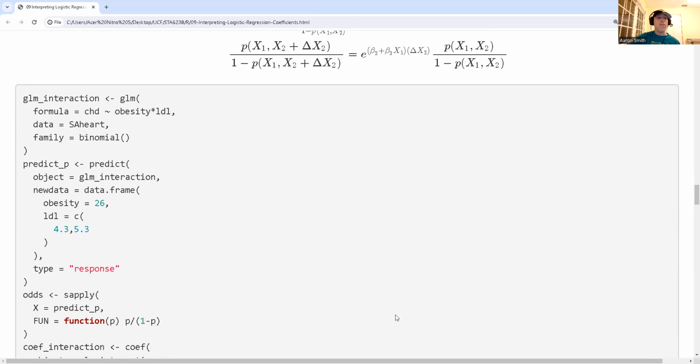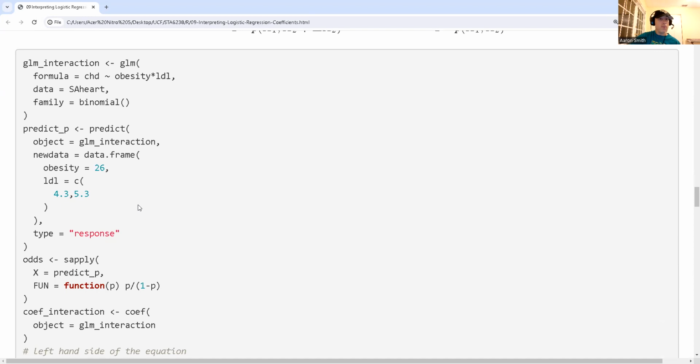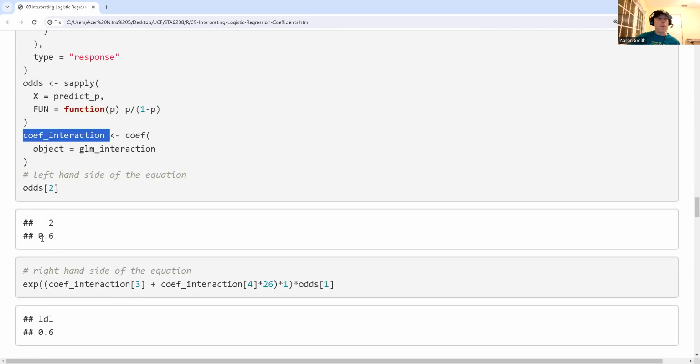All right, now let's go ahead and verify this. This time I'm going to check obesity and LDL. And so here I'm going to go ahead and do 4.3 and 5.3. Here I'm computing the odds like I did before. I'm getting the coefficients out of the model. Now the left-hand side is going to be 0.6.